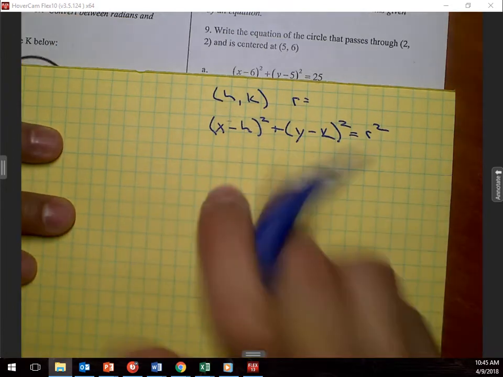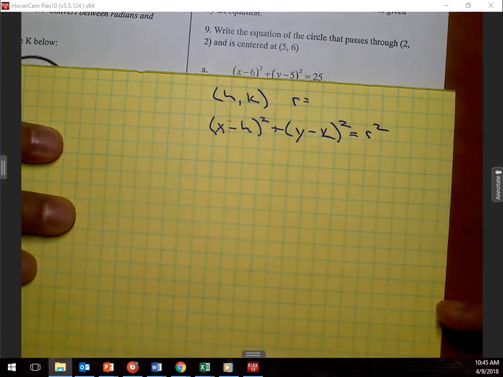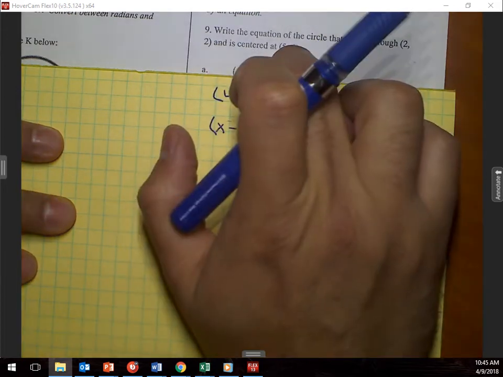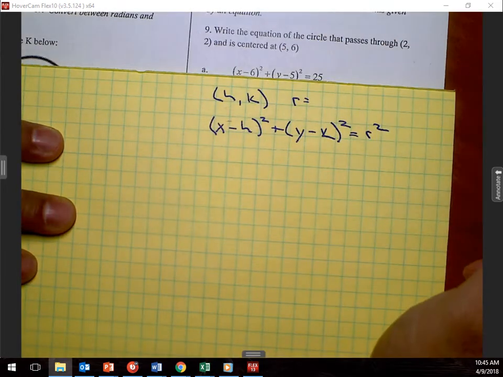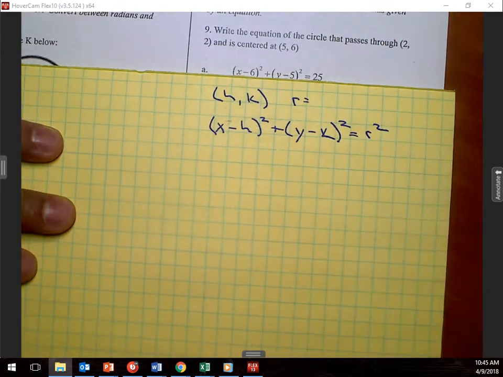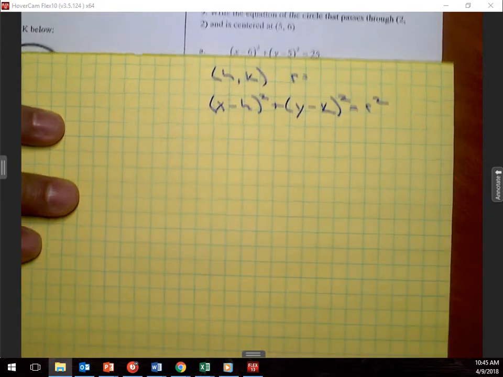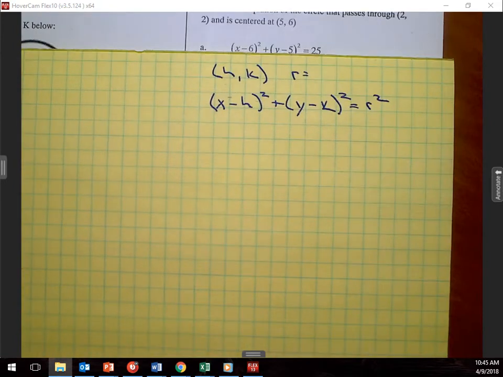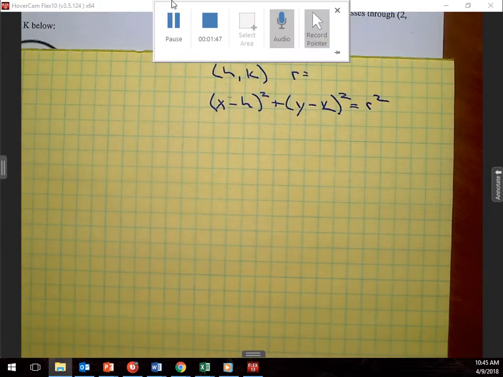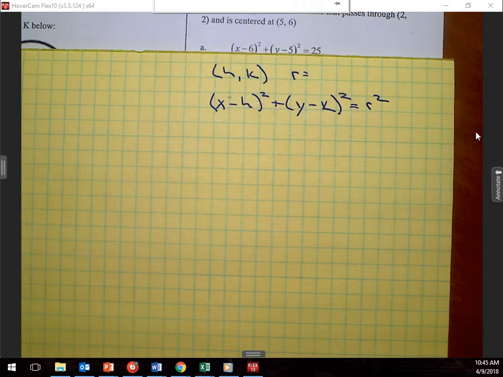So, we're going to have to do a little bit of work on this one right here. So first, what is the radius of the circle? So if I'm looking at a graph, all right, so let's take a look where this is going to be at.